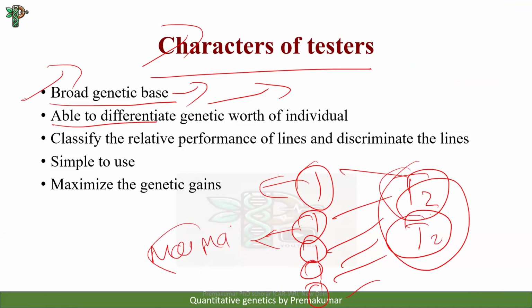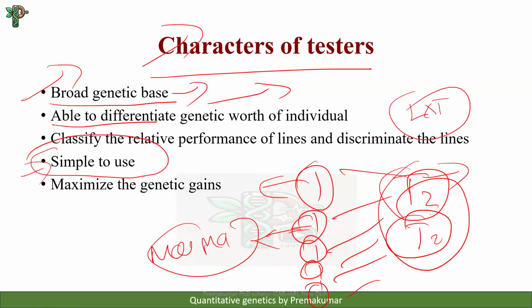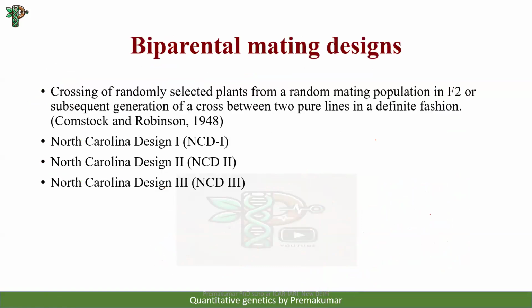Means you should improve this particular inbred based on this tester. The tester should have a broad genetic base and you should clearly classify the performance of the lines, means you should be able to discriminate the individuals. Along with that, it should be easy to use, means simple to use in the design. Okay, these were the characters of the testers.